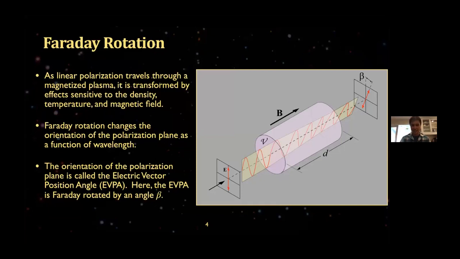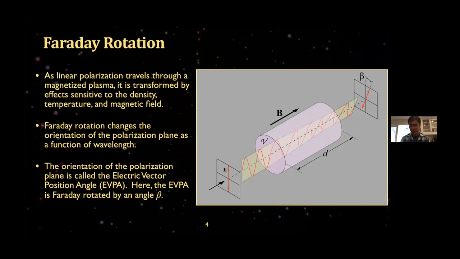And in this illustration from Wikipedia, we start off with this vertically oriented tick, and as it moves through this magnetized plasma in the pink cylinder, it gets rotated by some angle beta. And this depends on the plasma properties, and also depends on the wavelength. It has a wavelength squared dependence.